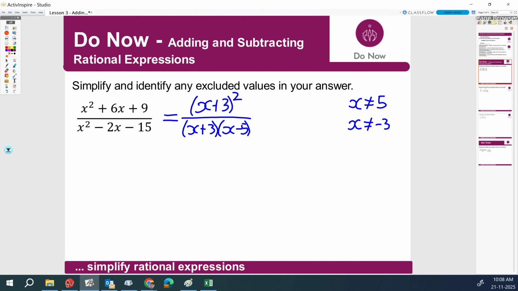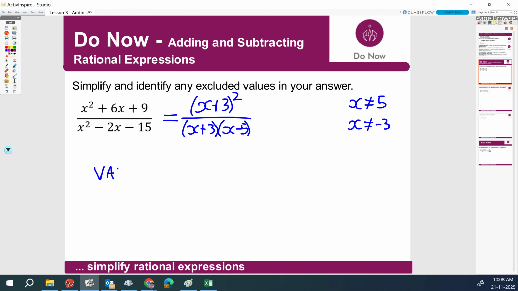So looking at this function, is it going to have any vertical asymptotes? Just to connect to the last class that we looked at, can we see any vertical asymptotes in this? We're going to have one vertical asymptote. What will it be?